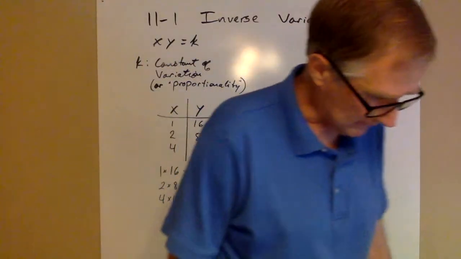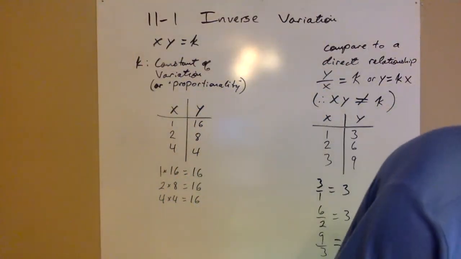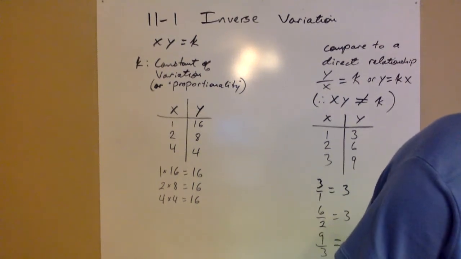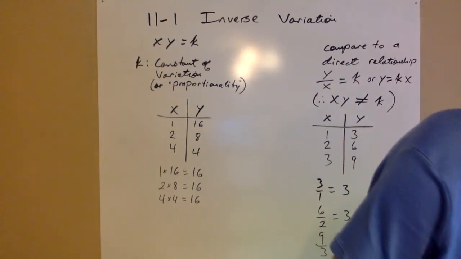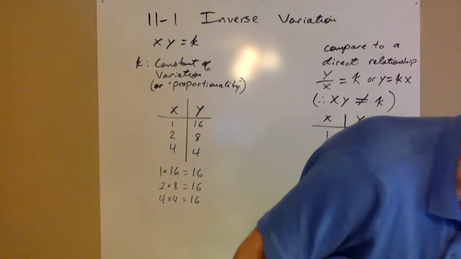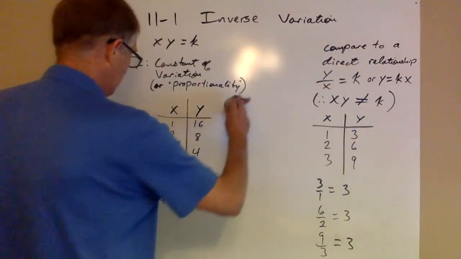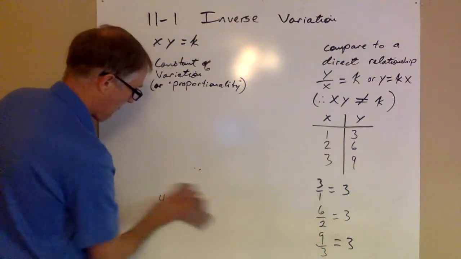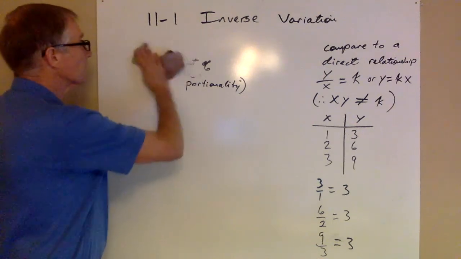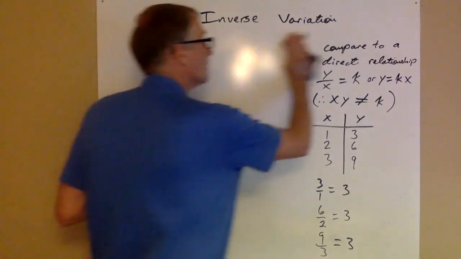Okay, I'm just going to give you some examples here. Sorry, I don't have much space, so I'm going to have to erase these. Of course, you can always replay these.